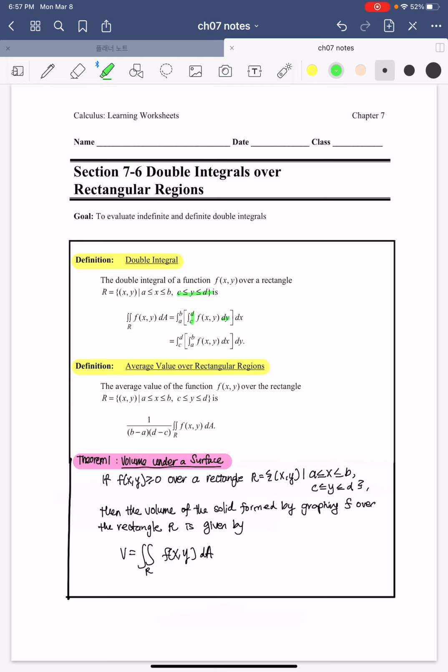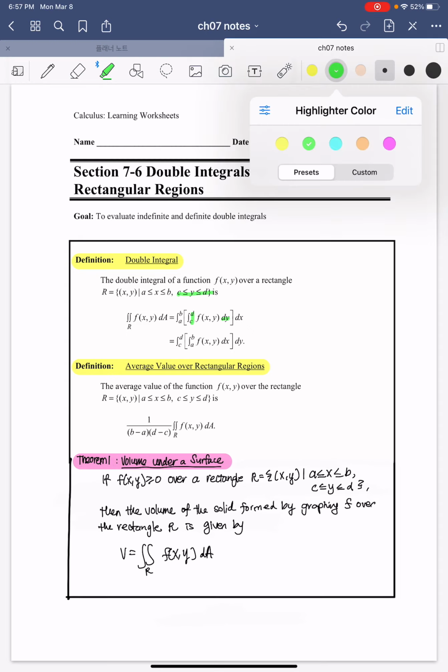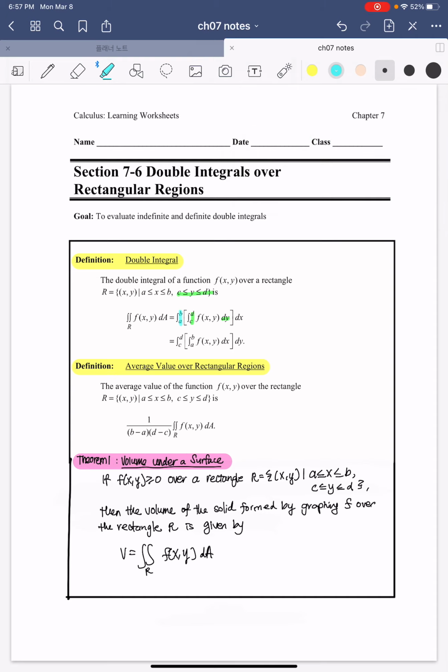Okay? Do not mix up a, b, and c, d. And then afterwards, you're going to integrate the x term, a and b. So if you start with the x term, you want to use a to b first. And then after that, you are integrating with respect to y, so you're going to use c, d.